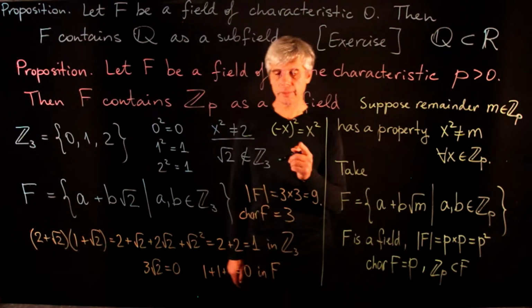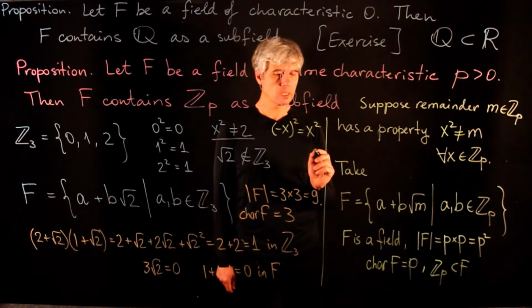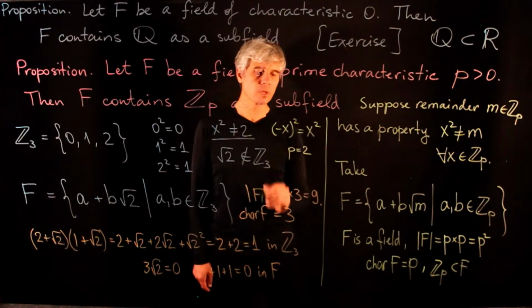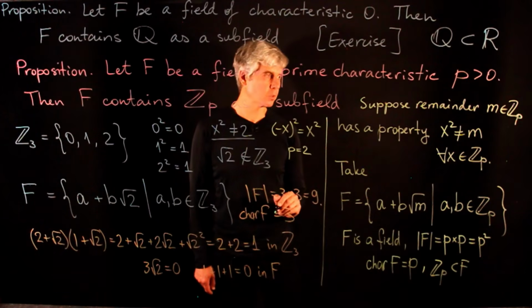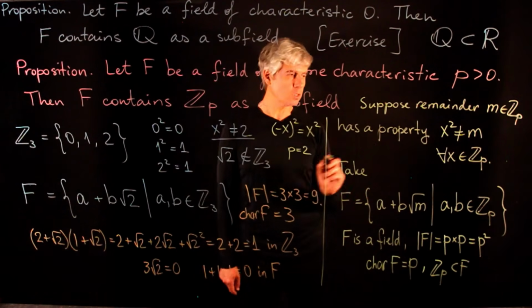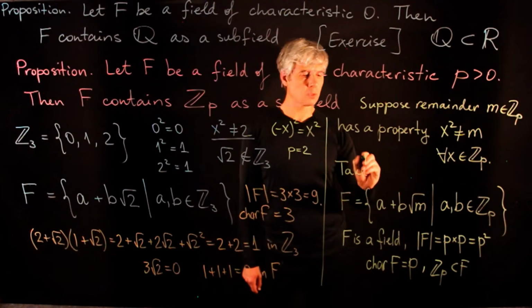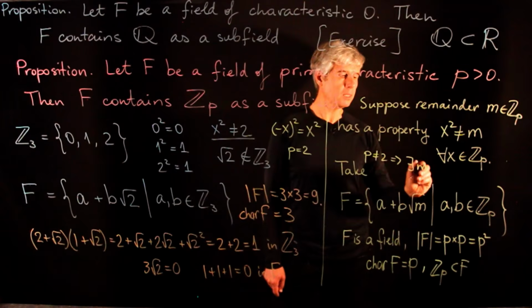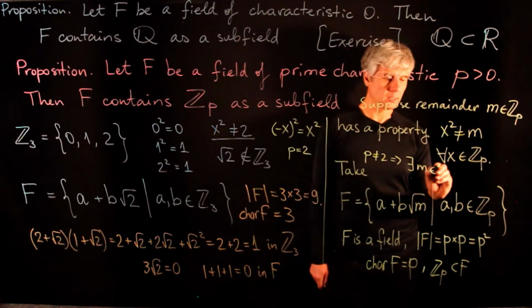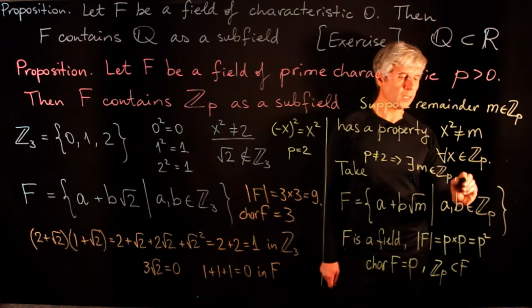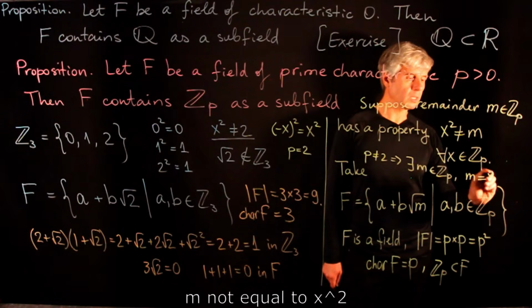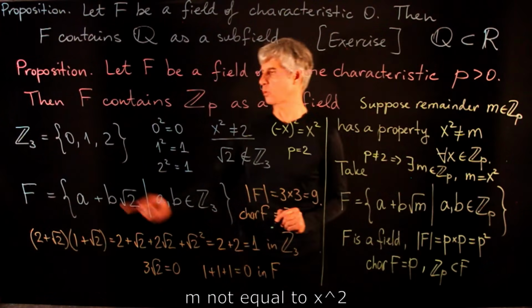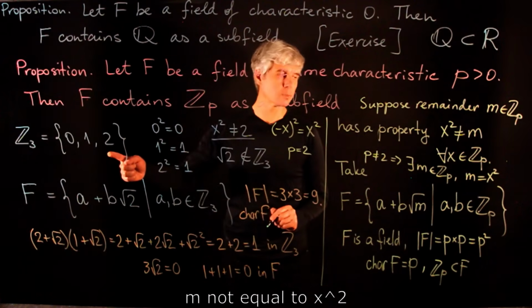The only exception is P equal to 2, so this will not work for P equals 2. But if P is different from 2, then there exists an M in ZP such that M is not equal to the square of any element. So for Z3, this is the element 2.